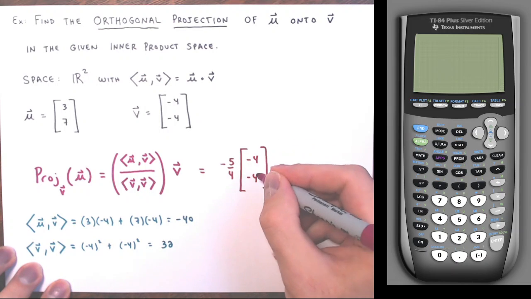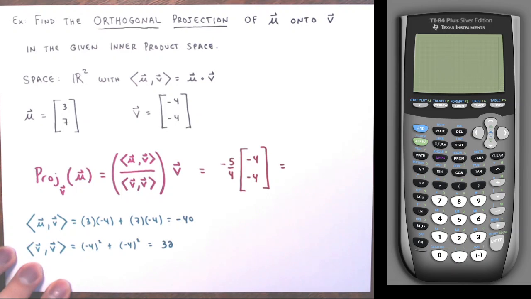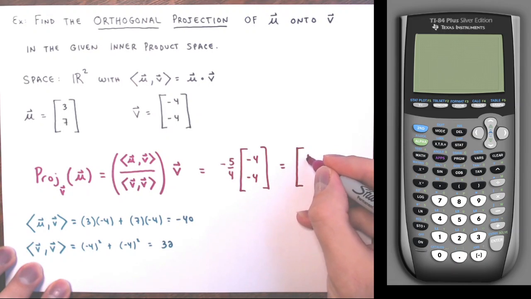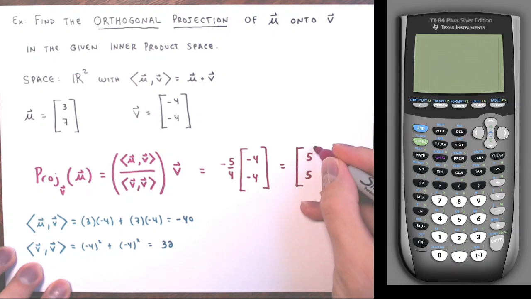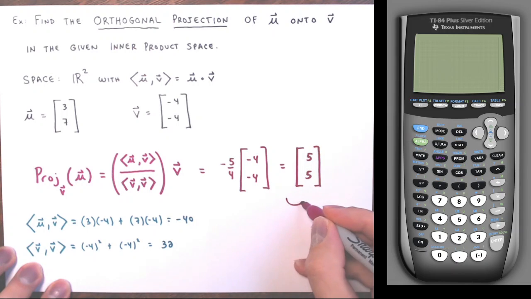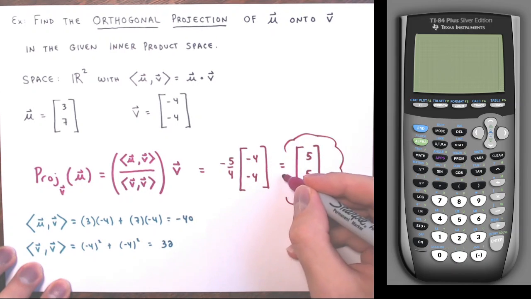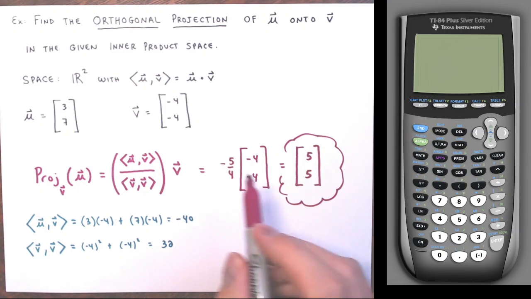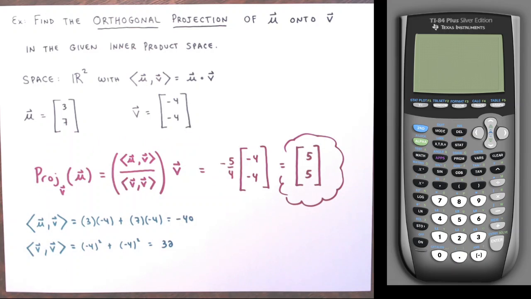If I multiply V by this scalar, the resulting vector is positive 5, positive 5. So just the vector (5, 5). This vector (5, 5) is the orthogonal projection of U onto V.